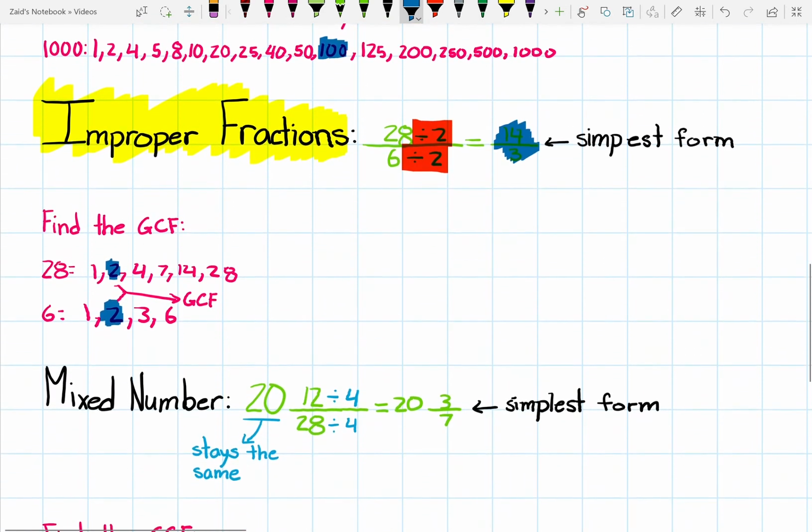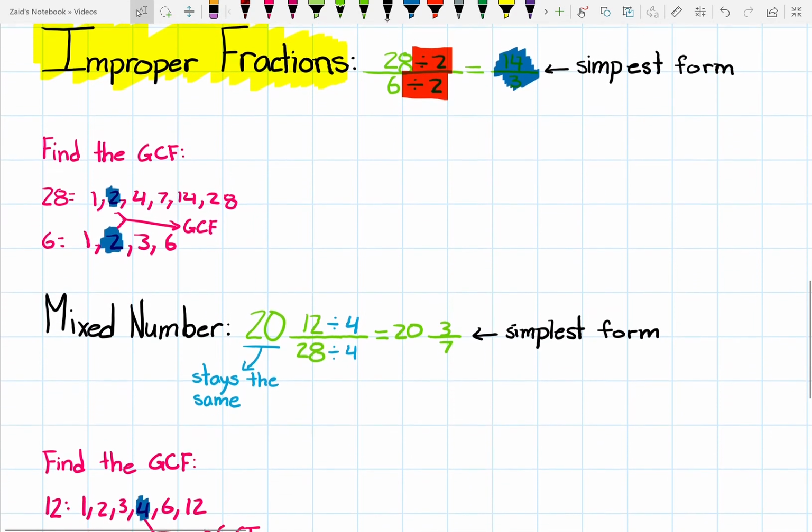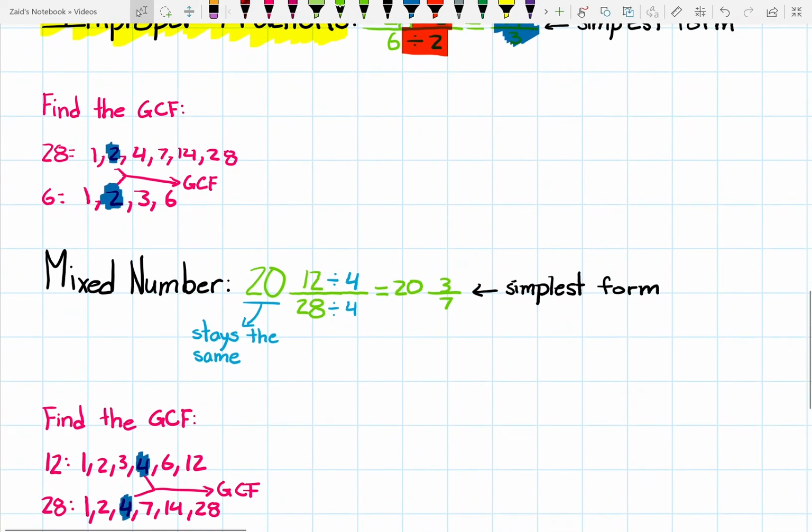Now with a mixed number, it is basically the same thing. It's just that we have to keep the whole number the same. So first we have to find the GCF of the fraction, not the whole number. So we use 12 and 28. For 12, our factors are 1, 2, 3, 4, 6, and 12. For 28, it's 1, 2, 4, 7, 14, and 28.